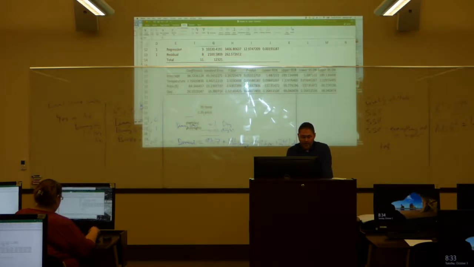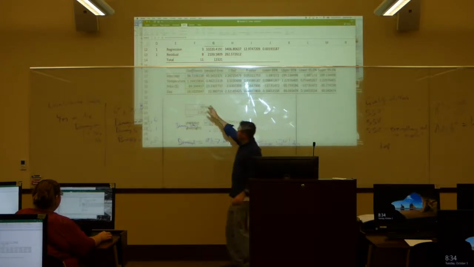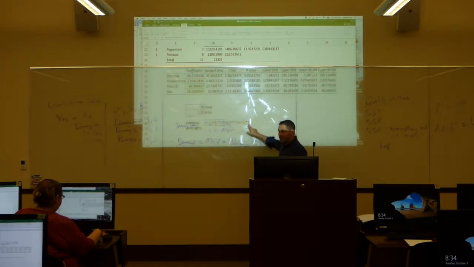So for day, it would be equal to the intercept plus the coefficient on temperature times the temperature, plus the coefficient on price times the price, plus the coefficient on day times 1, because 1 was day, 0 was night. Okay?